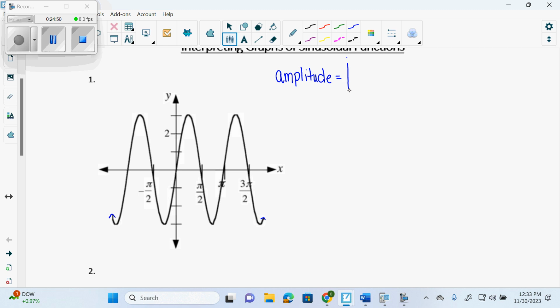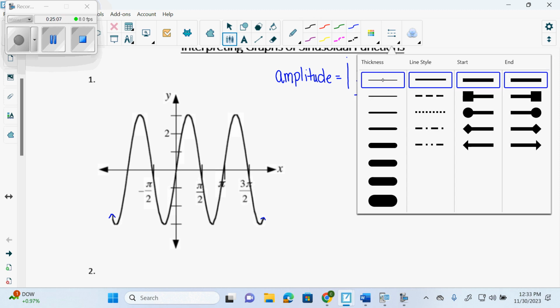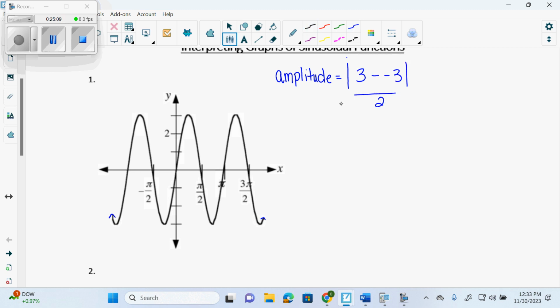What's the highest this graph goes to? 3. Minus the min. What's the lowest this graph goes to? Negative 3. Divided by 2. And 3 minus a negative 3 is a positive. So I get 3 plus 3, which is the absolute value of 6 divided by 2.